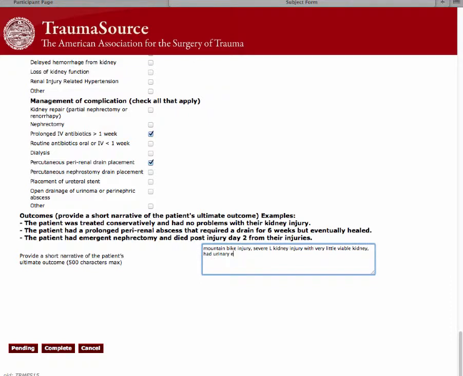Had urinary extravasation, embolized remaining kidney, patient readmitted with perirenal abscess and fevers, had 2 weeks IV antibiotics, and then drain was pulled. No subsequent sequelae.